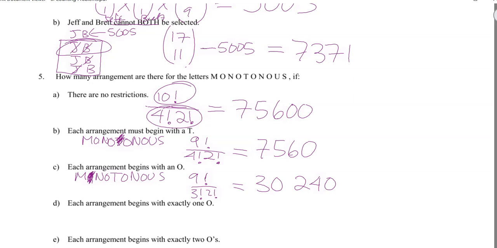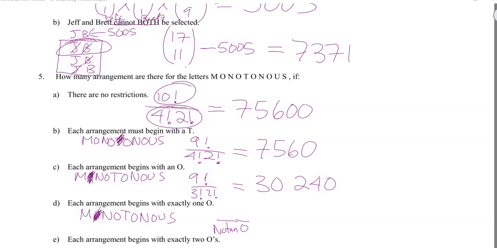Each arrangement begins with exactly 1 O. So it begins with an O, then our next letter is not an O. Now we have that same sort of problem. If the next letter is an N, then there will be 3 O's that repeat, but not 2 N's repeating. And if the next letter is not an N, then we will have repetition on both sides.